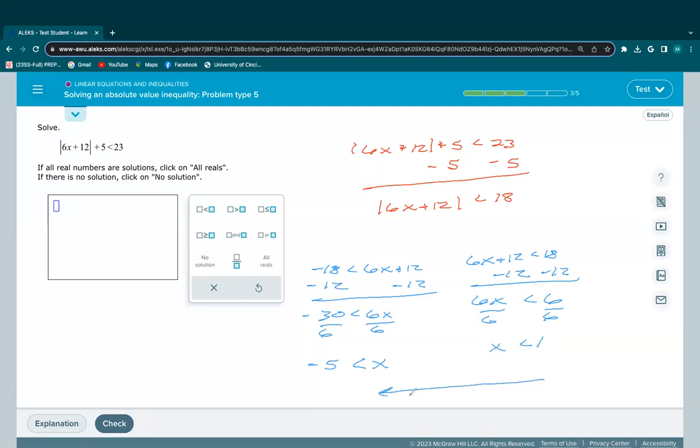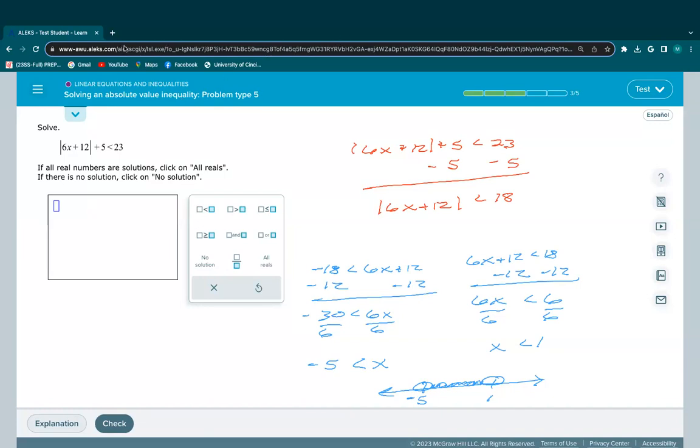If I think about this, I have negative 5 here, and I have x is greater than that. I have 1 here. Remember, I always want smallest to largest, and x is smaller than that. So this is actually going to be between those two, because it becomes an and problem when we're talking absolute values usually, unless my graph shows me a gap.